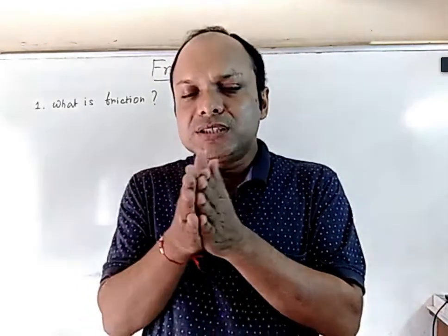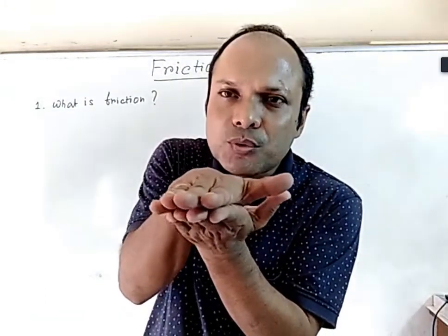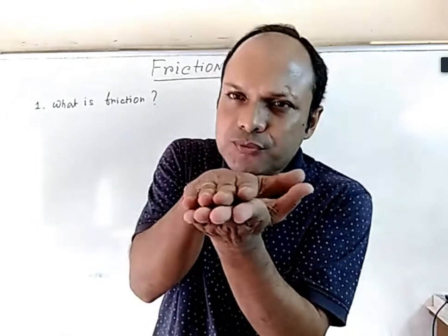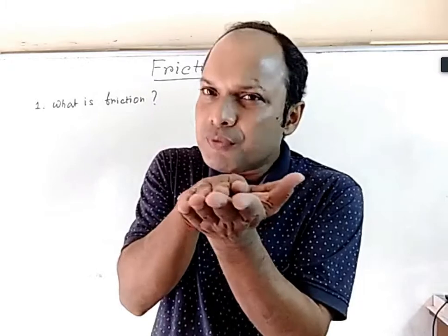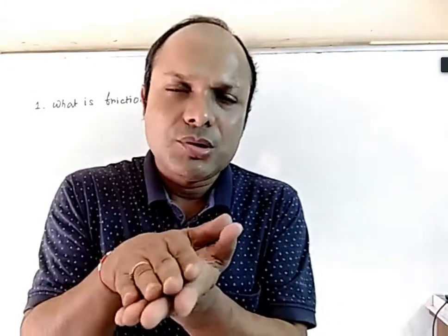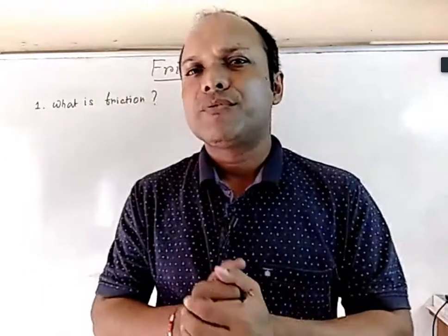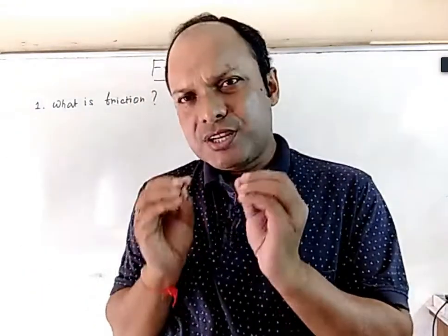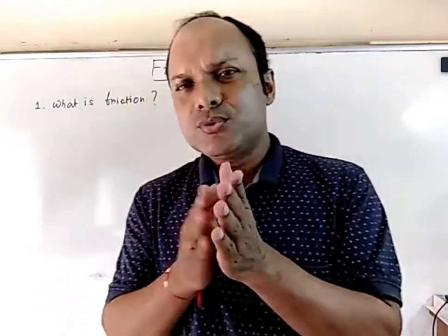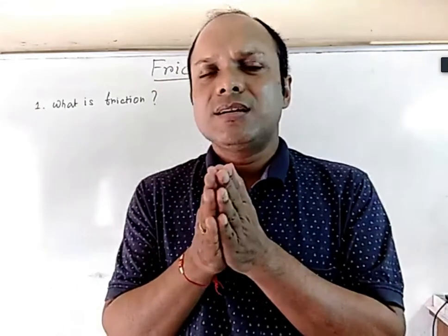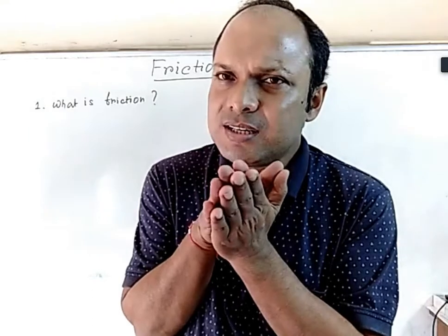So this phenomenon, whenever we are trying to move one object over another, we experience some opposing force. That kind of force is called frictional force. So what is frictional force? Frictional force is the force acting between the two surfaces in contact. Whenever two surfaces come in contact, molecules are attracting each other.